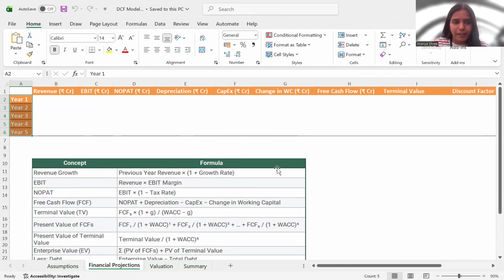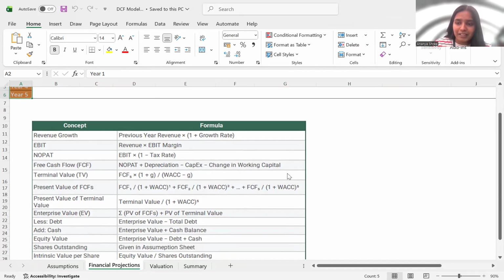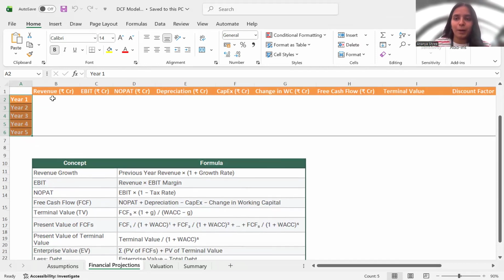So I type previous year revenue into 1 plus growth rate and press enter for year 1. Next, I drag the formula across for year 2 to 5. So revenue compounds.